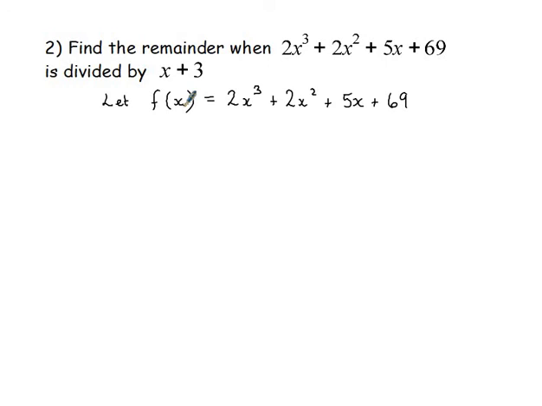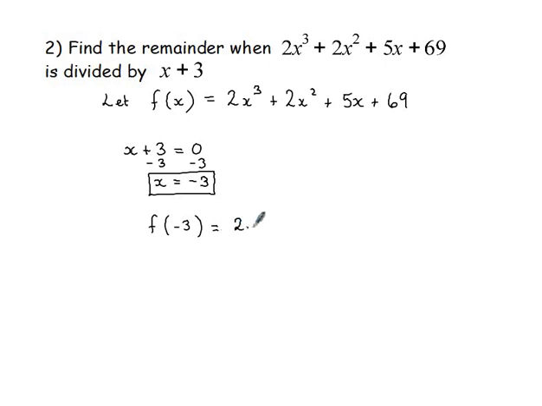Now remember, take the thing you are dividing by, so the x plus 3, put it equal to 0 and rearrange to start. So minus 3 to both sides, so x equals minus 3. So now you are substituting that value into the equation. So f of minus 3 equals, remember it's still a negative value on this one, so brackets round it the whole time.